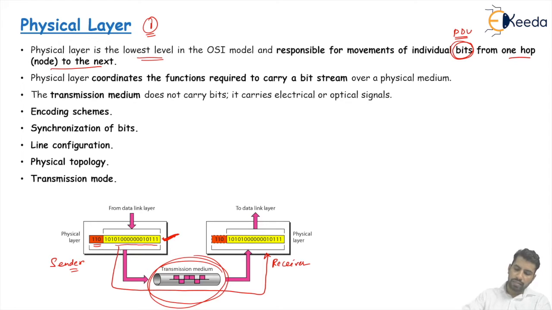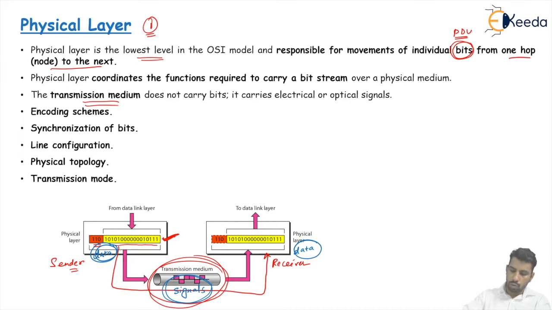The second thing is that the transmission medium does not carry the bits. In our machines we represent data as bits, but for the physical medium, these bits travel in the form of signals.